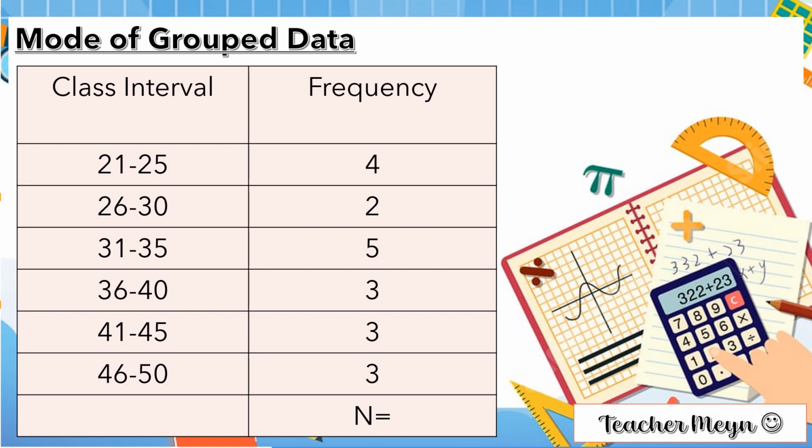As we see, the highest is 31 to 35, because its frequency is 5. So this is the modal class: 31 to 35.